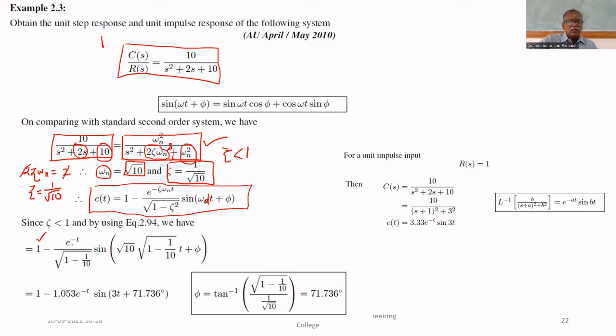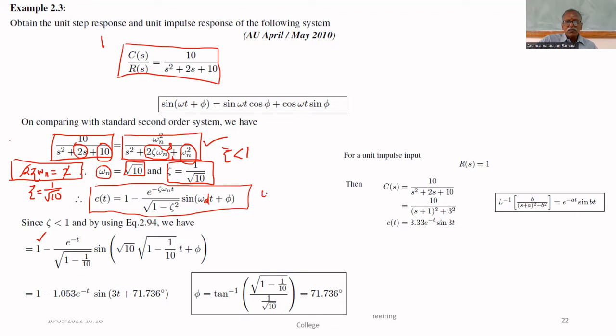1 minus e power minus zeta omega n t. If you multiply omega n and zeta, zeta omega n becomes 1. Therefore, e power minus t, upon square root of 1 minus zeta square. Zeta is 1 by root 10. If you square that, 1 by 10, you will get square root of 1 minus 1 by 10, sine omega d t.